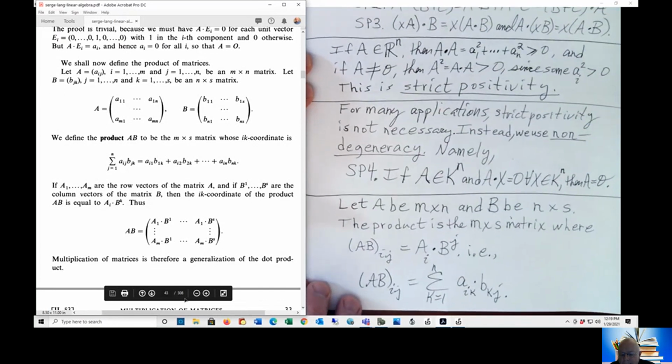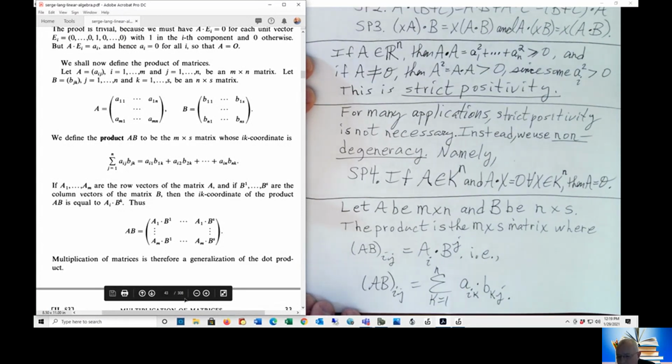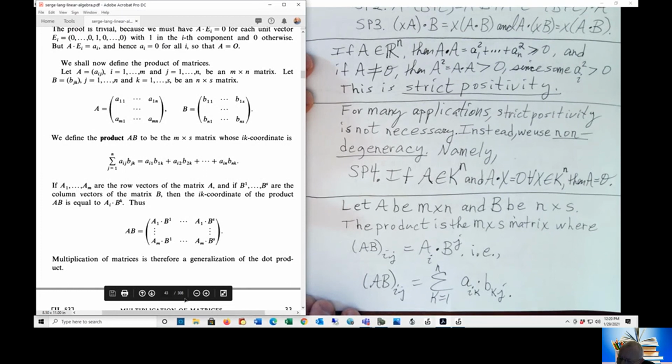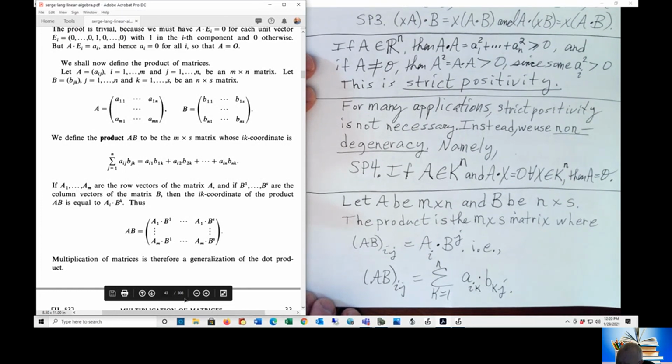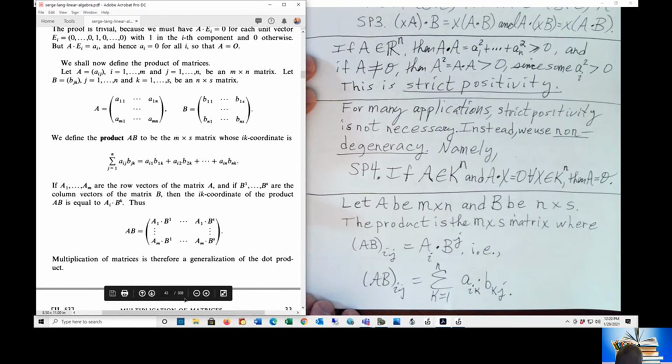Let A be M by N, and then let B be N by S. Notice that the number of columns of A is equal to the number of rows in B. Then the product, A times B, is the M by S matrix, where the ijth entry of AB is the dot product of the ith row of A with the jth column of B. That's the easy way to write it.